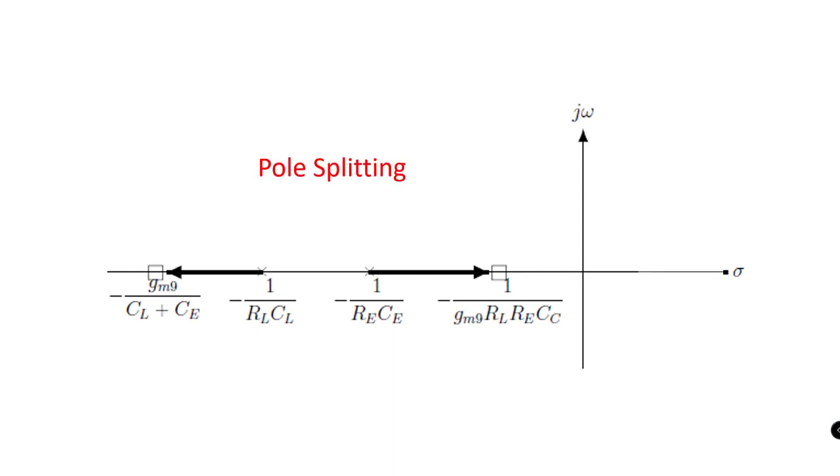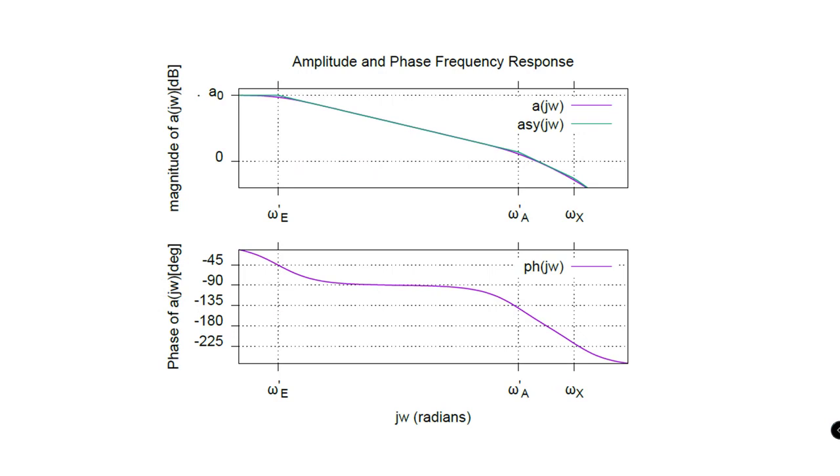Now let us see the frequency response and see how this pole splitting behavior is superior to our previous compensation technique, where we only moved our dominant pole towards the origin. As you could note, our non-dominant pole is almost closer to omega Gx, or gain crossover frequency, making this system more stable.